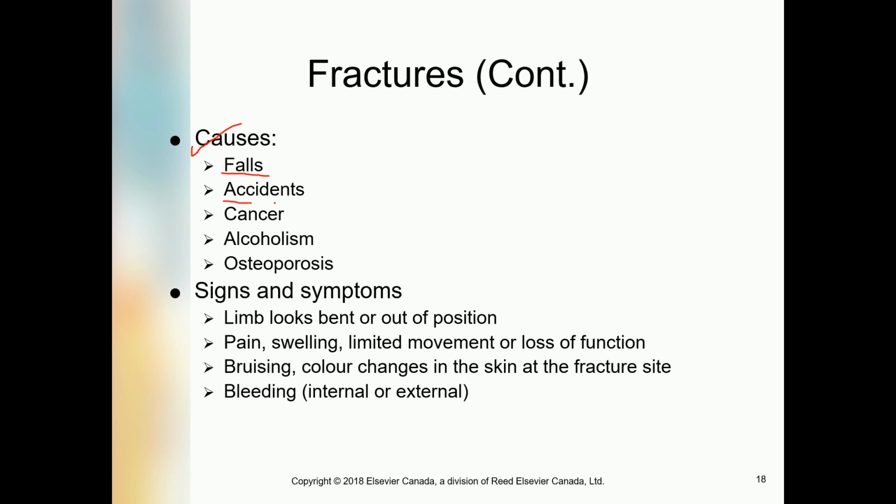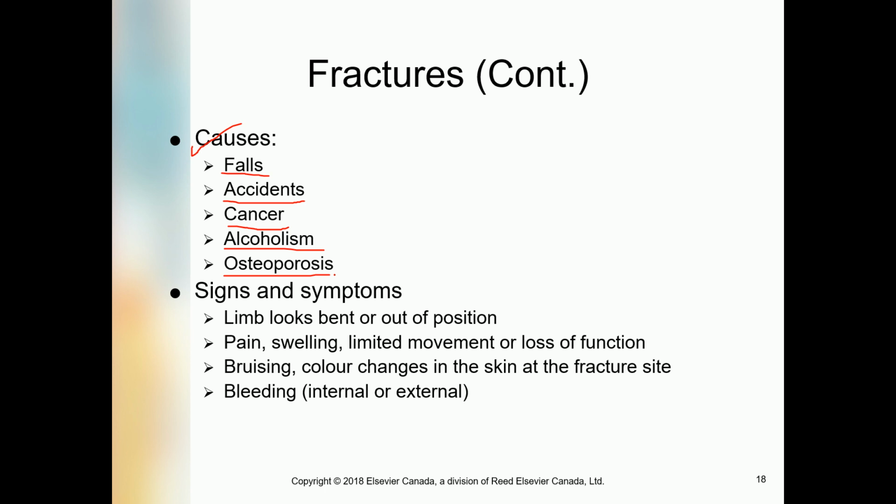Accidents, as we discussed, motor vehicle accidents. Cancer, another form of disease. Alcoholism, people drink a lot of alcohol and fall from so many places and have a fracture. Osteoporosis, as I discussed already, is a bone disease. When people have less and less bone, they will have brittle bone.